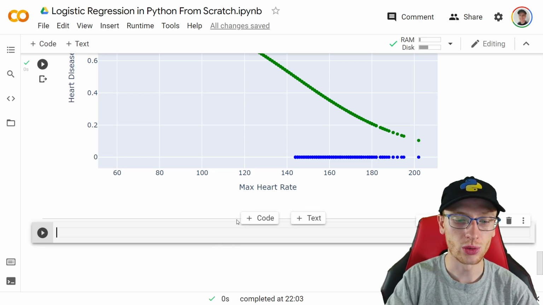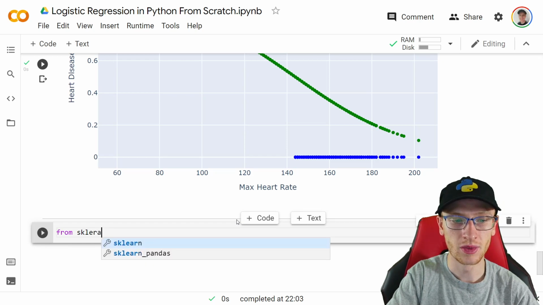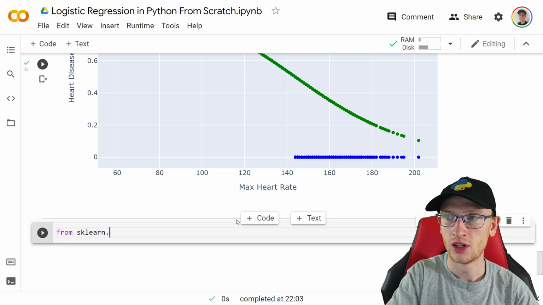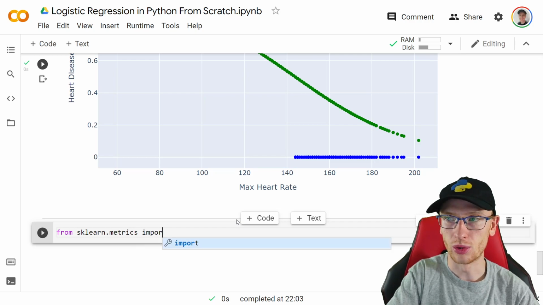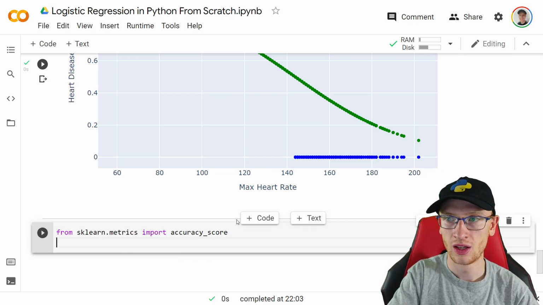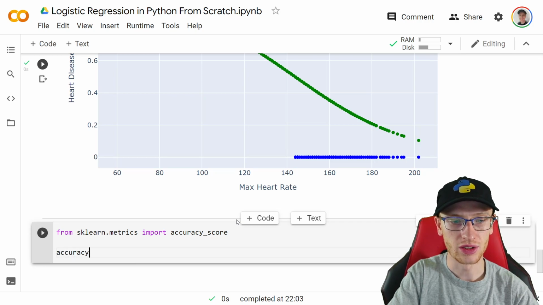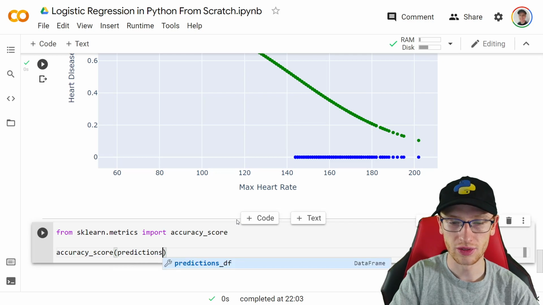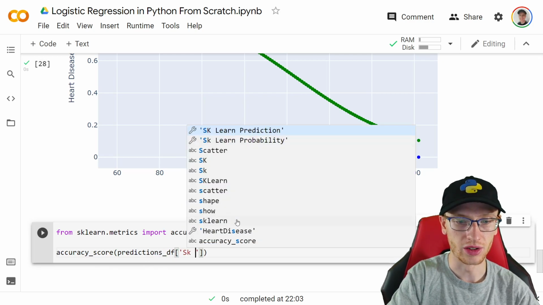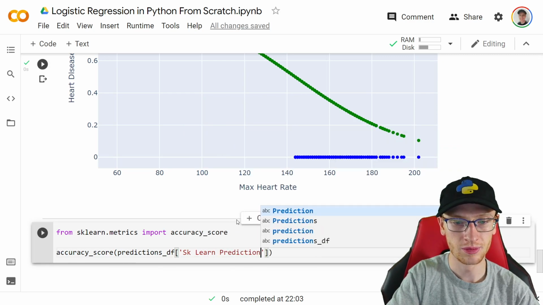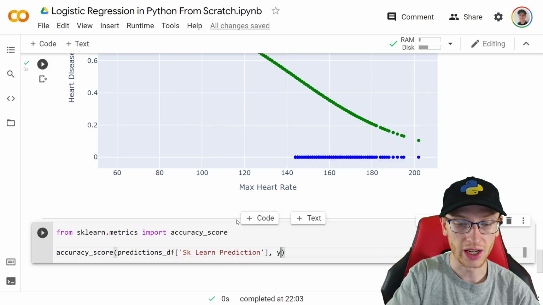And so we can get that quickly from Scikit-Learn dot metrics, import the accuracy score, and we will output the accuracy score of predictions df sub our Scikit-Learn prediction, and we'll compare that to the actual.